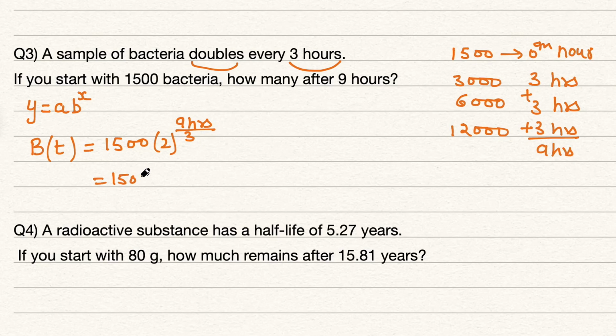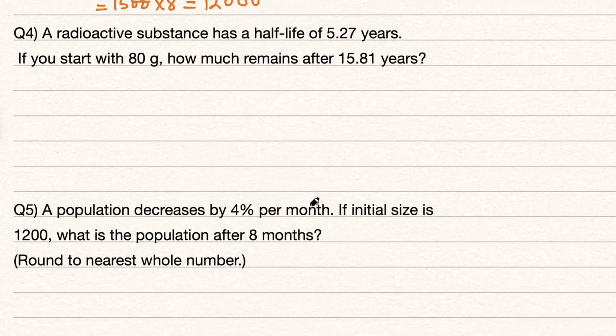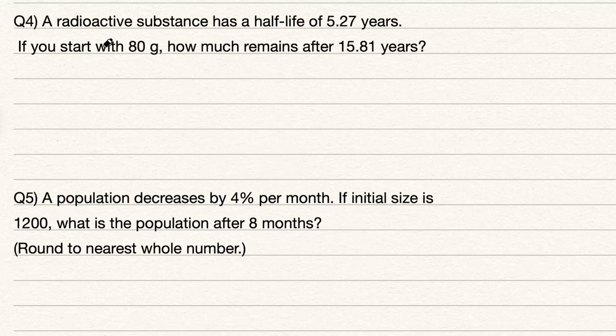So that is 1500 times 2 to the power 3. That is an important point here, right? So just try to understand it. If you do this, 1500 times 2 to the power 3 is 1500 times 8, and that is 12,000, my bad. Okay. So here we have not used the rate of interest thing.